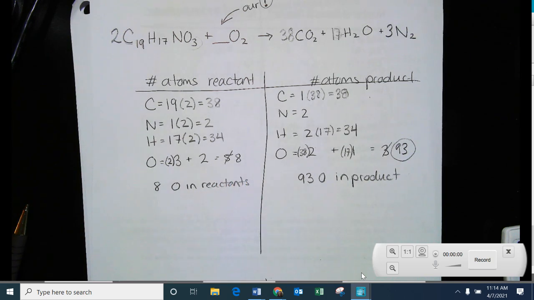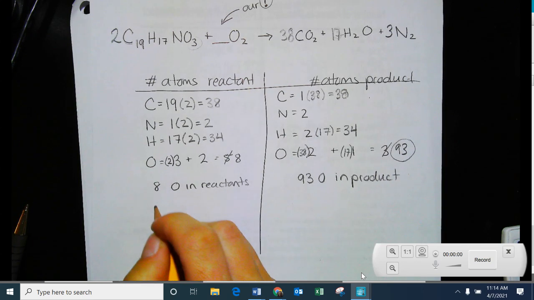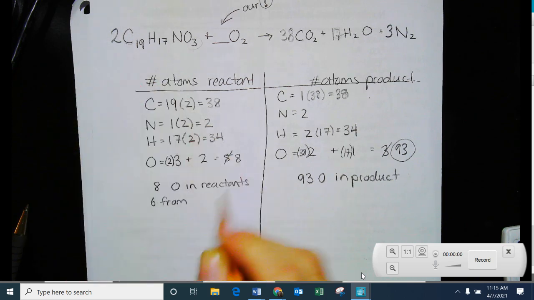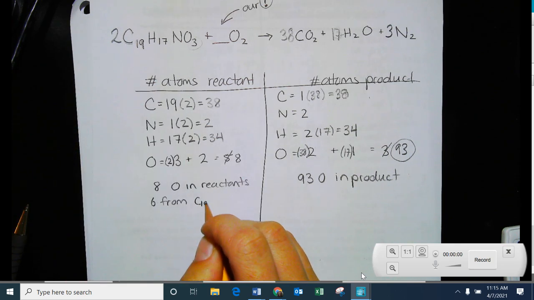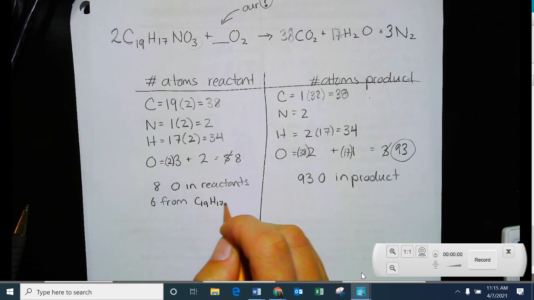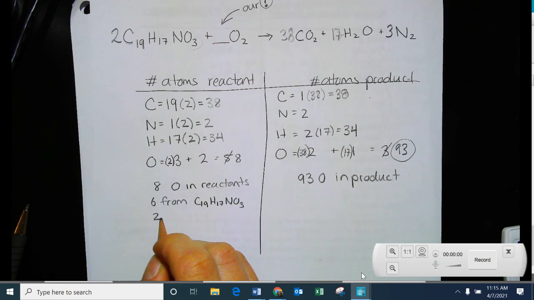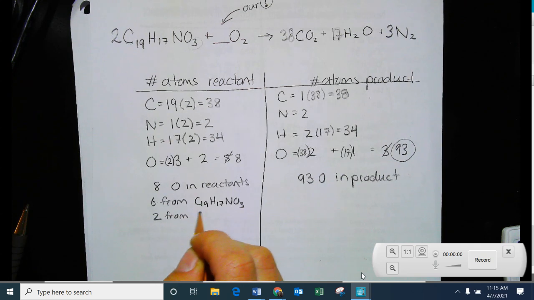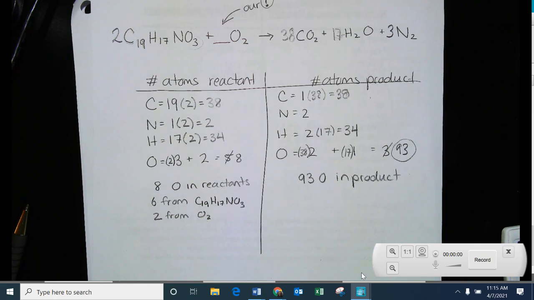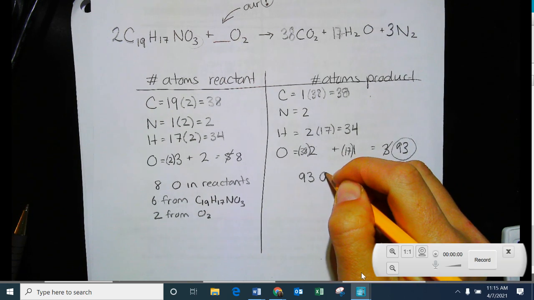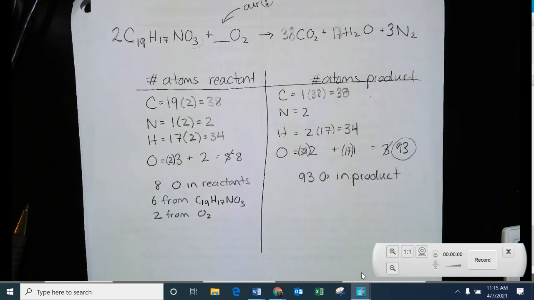Okay. 6 from the really large molecule, and just 2 from O2. Okay. So that's where we got to. This looks like a 930, but that's an oxygen. All right.